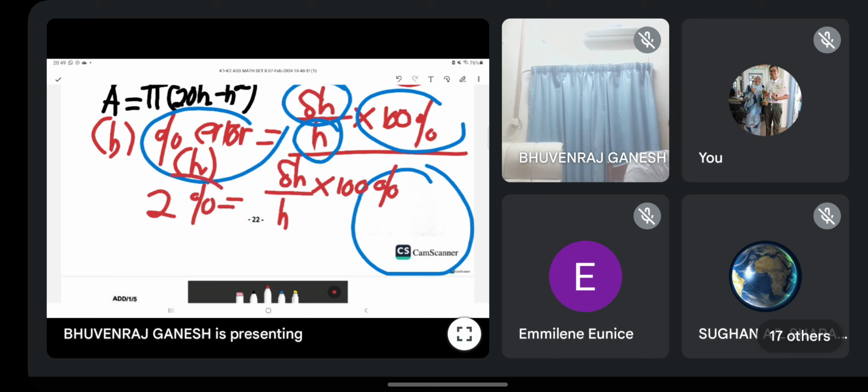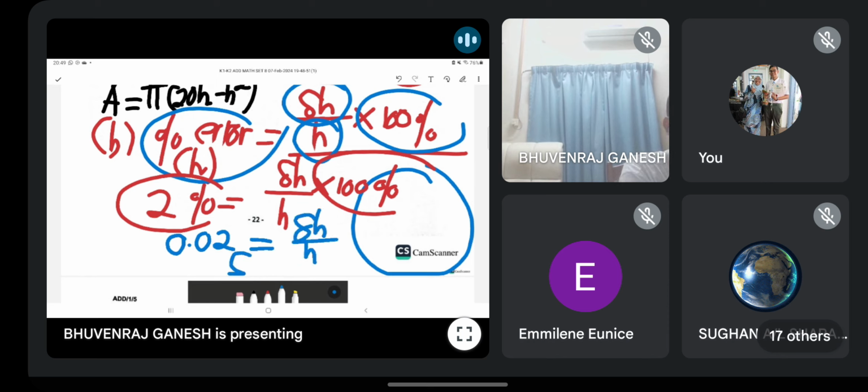So guys, 2% divide 100%, you will get 0.02. You can press calculator, equal to delta H over H. So basically, delta H is equal to 0.02H.